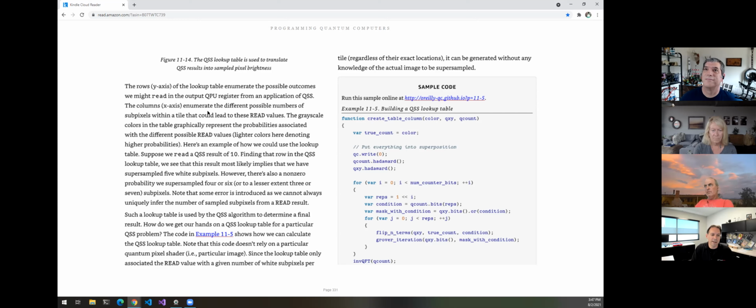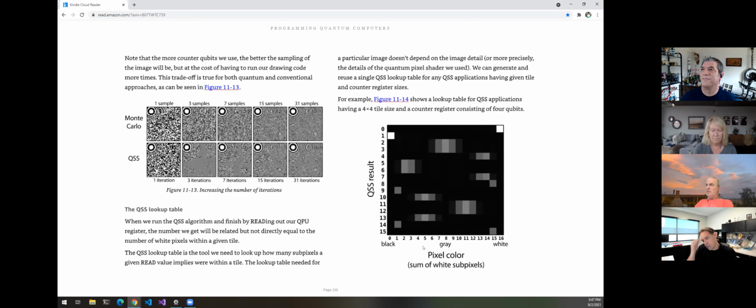The y-axis, I'm sorry, I flipped that. The y-axis is the number of possible outcomes we might read. The x-axis is the different possible numbers of subpixels within that tile that could lead to these values.